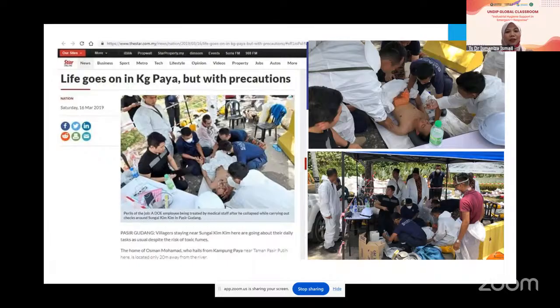In this case, he fainted because it was too hot, and he had to wear all those chemical protective clothing, mask, gloves, goggles, and so on. Yeah, so it's very important for us to consider what is possible to happen, because they are the key persons who are supposed to solve the problem, to attend to the case. So if they are not taken care of, that's the issue.